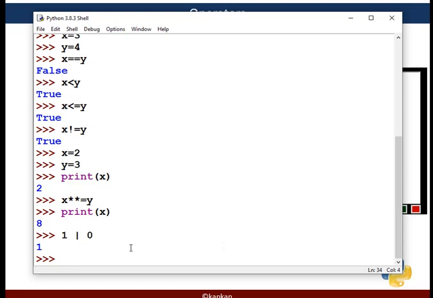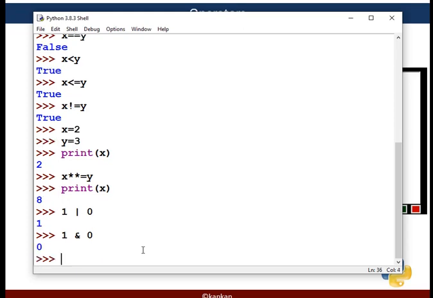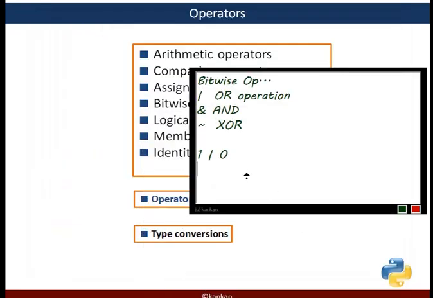So 1 bit, 0 bit. And for the AND operation, 0. This is the symbol used for XOR.